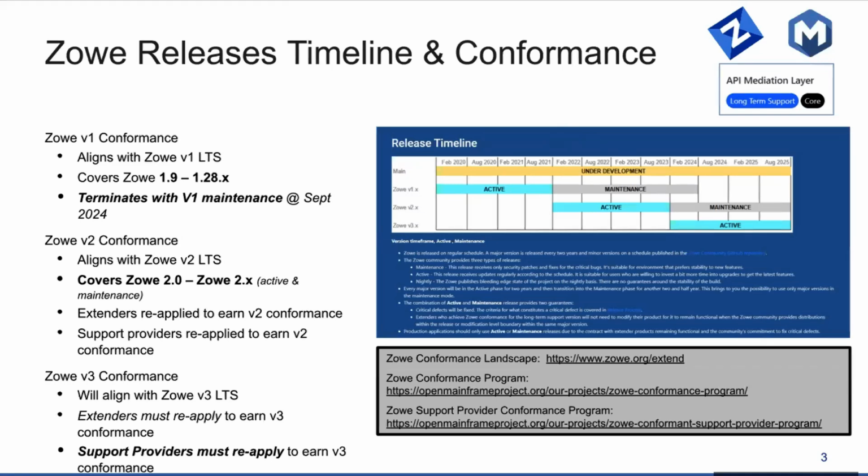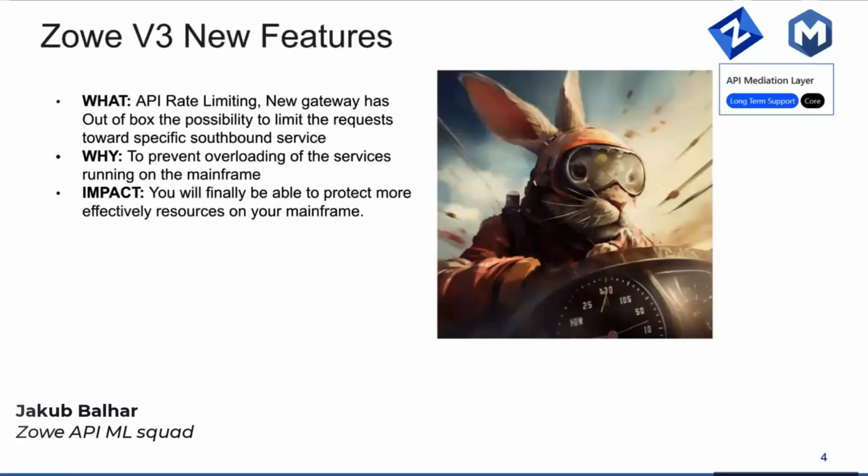Welcome, everyone, to a session focused on the API mediation layer. As for the new features that we expect to have with the 3.0 version of the Zowe API mediation layer, there is API rate limiting. It's important for the services that want to make sure that they are not overloading the z/OS service.